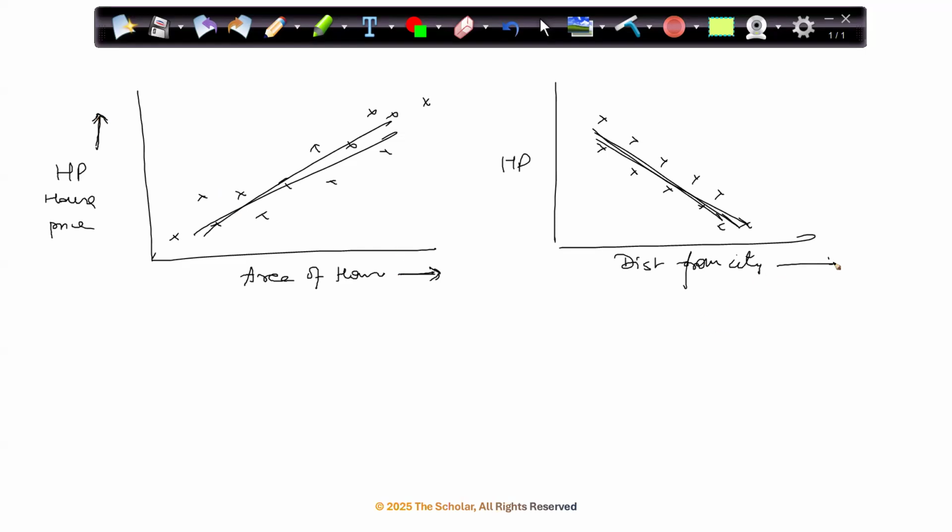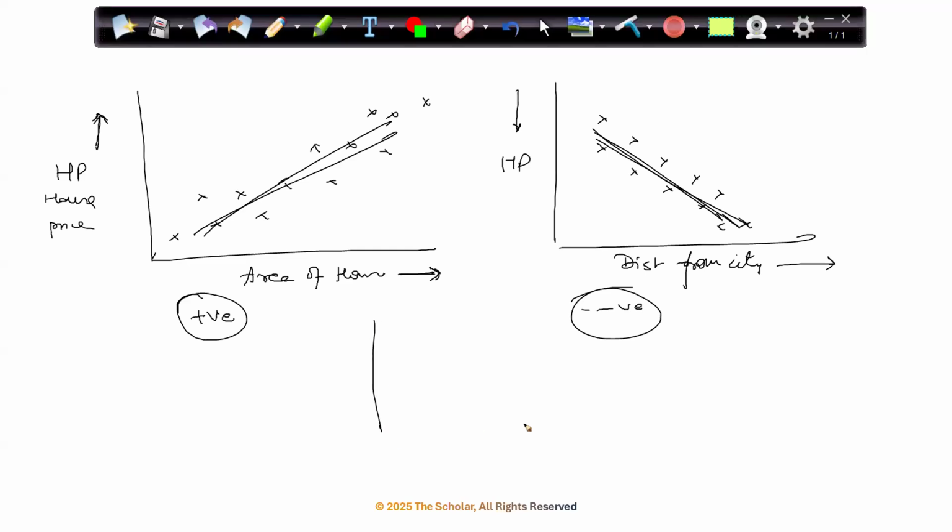Here, when one is increasing, the other is decreasing. So this is a positive type of relation, and this is a negative type of relation. Why we say positive and why we say negative, that is what we have to discuss. But there is a correlation, which means when one is changing, the other is also changing.